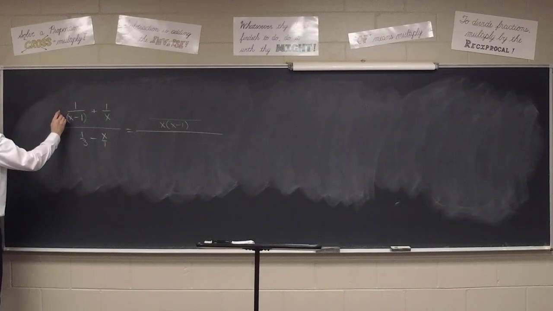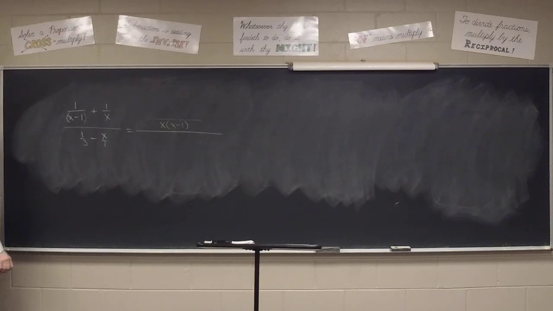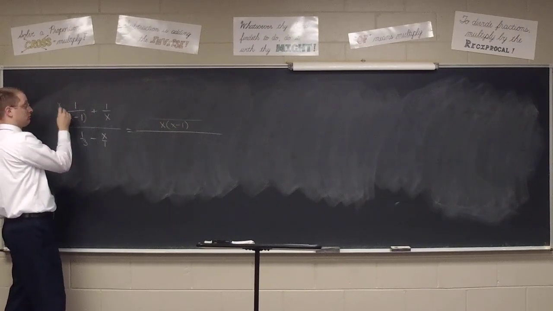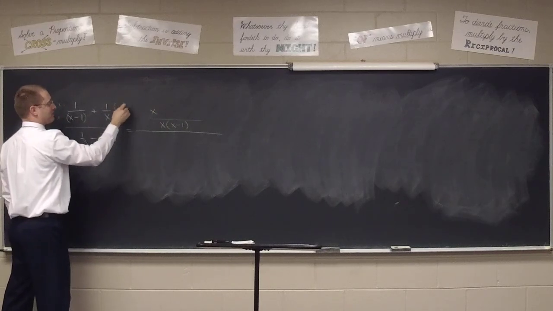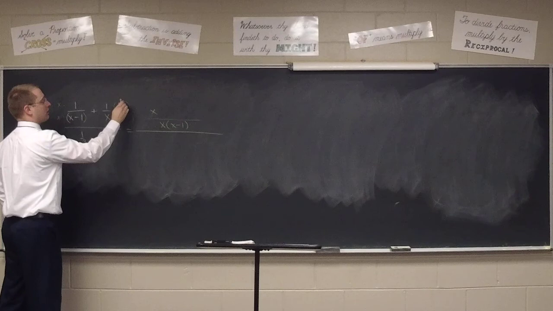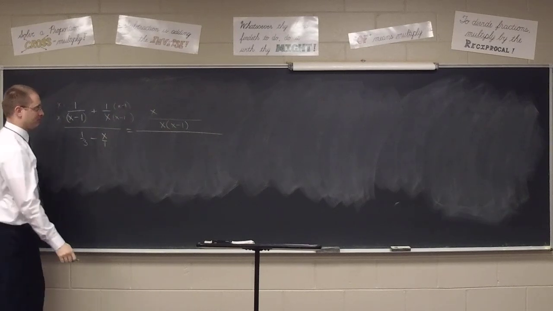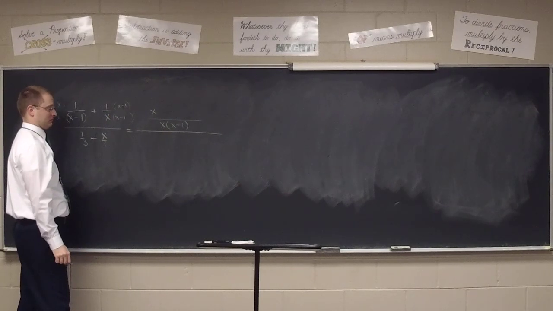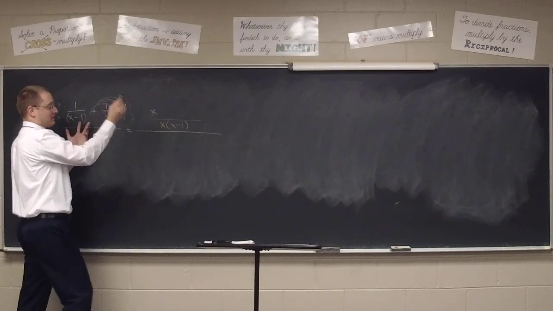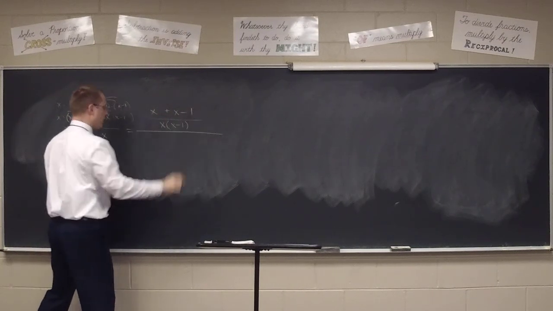So, first fraction, top and bottom, Brecken, to get x. Second fraction, multiply top and bottom by x to get x minus 1. Good, because when you distribute a positive 1 to an x minus 1, you still just get x minus 1.